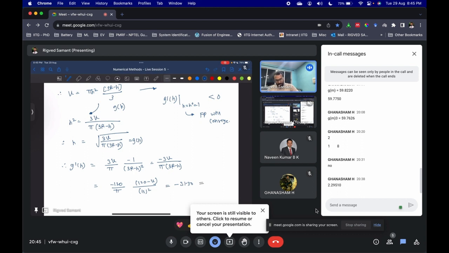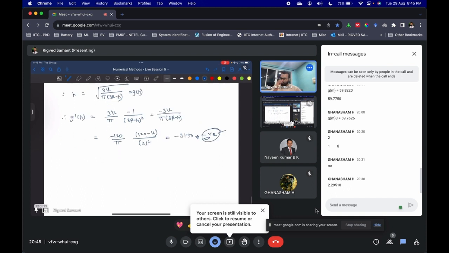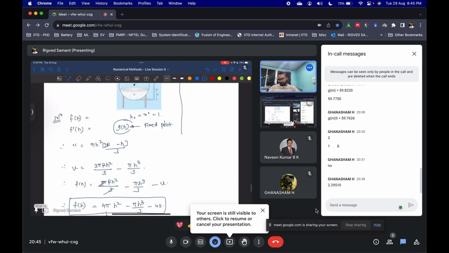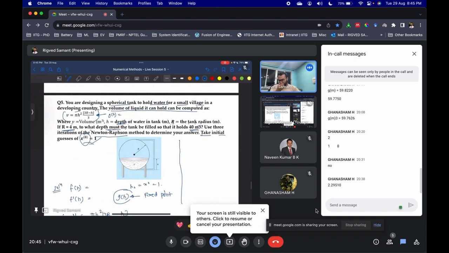Since this is negative, you can use this. So this is the way you can follow to solve the fixed point iteration, even as we have seen in Newton-Raphson.